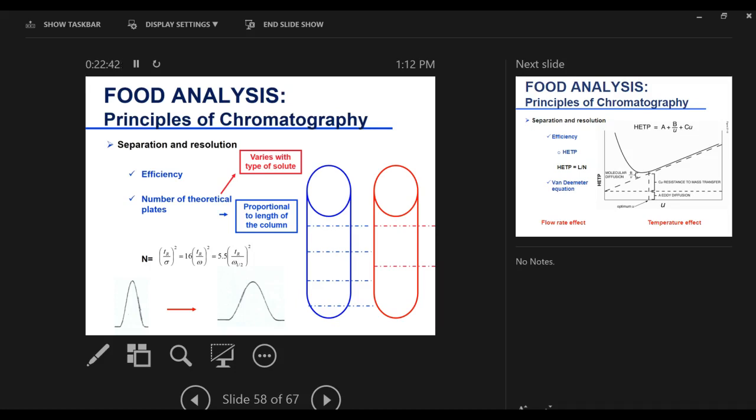So the number of theoretical plates is very characteristic to the type of solute you are trying to separate, and it is also proportional to the length of the column. Okay? The longer the column, the more theoretical plates you're going to have, the better the resolution. Okay? So that's why with longer, thinner columns, you get more efficiency and better separation of the peaks than with shorter, bulkier, thicker columns.